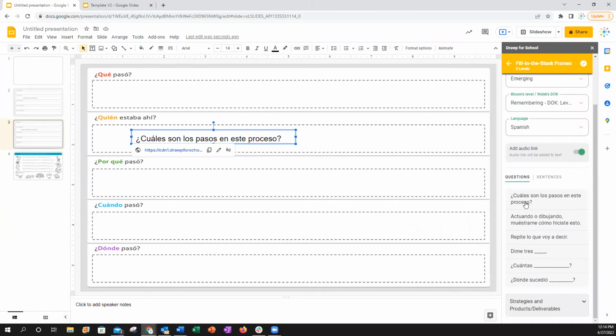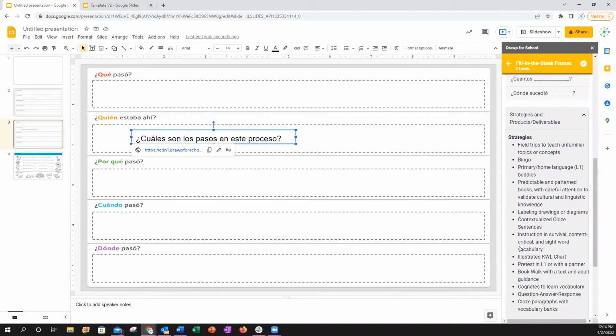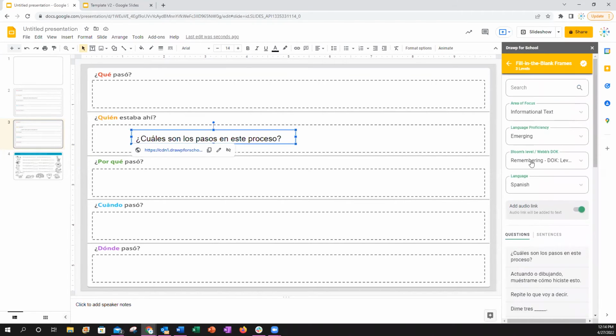The other thing that I want to point out that is available is strategies and products and deliverables. So we not only offer a way for teachers to support students, we offer a way for teachers to support themselves. We have strategies that they can use for students at these levels.